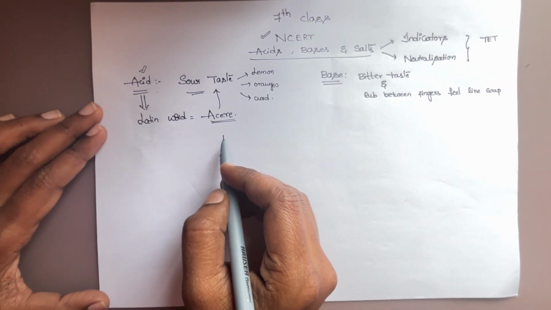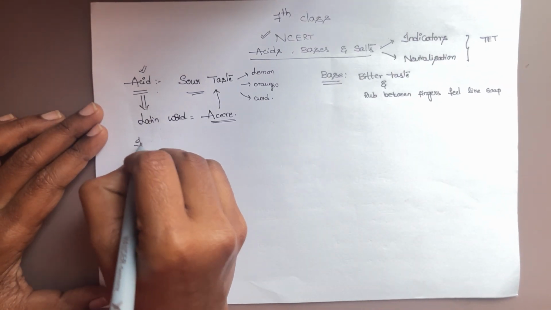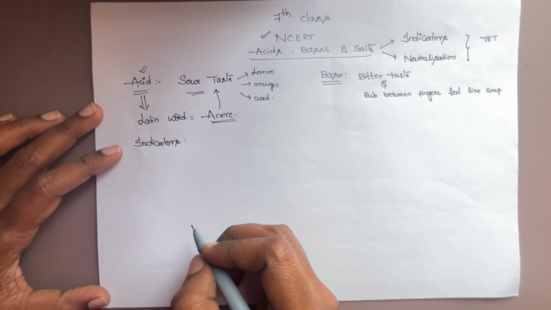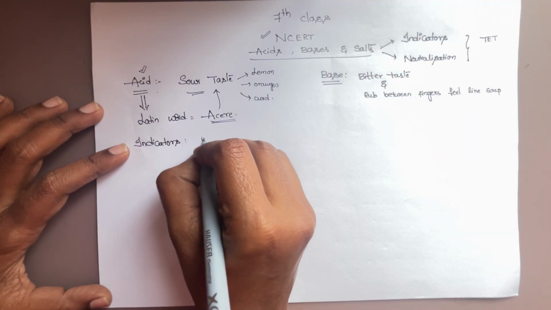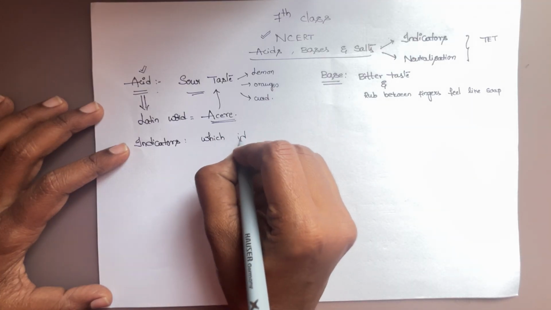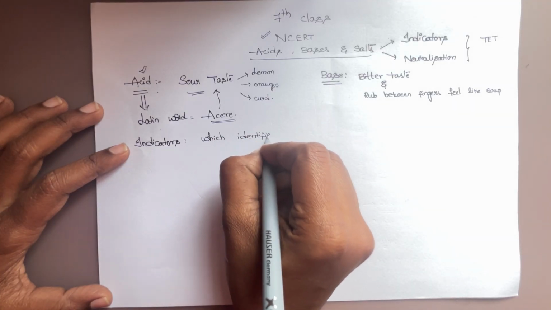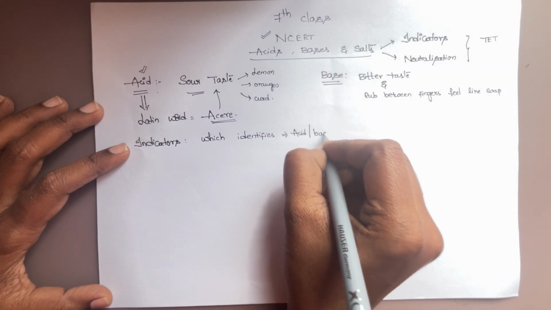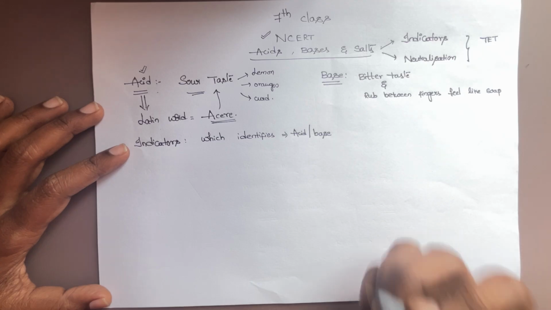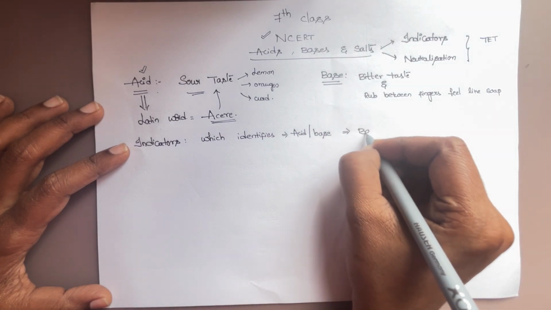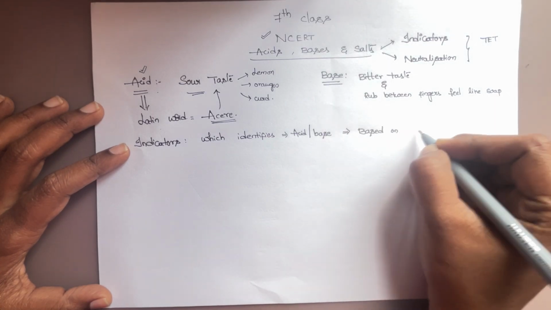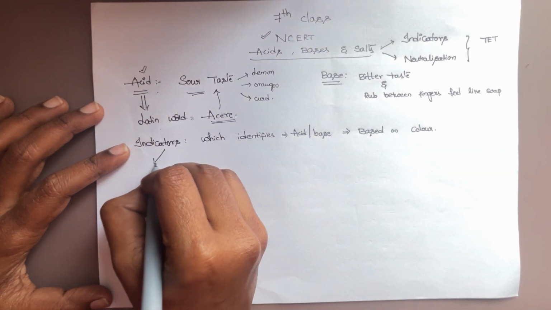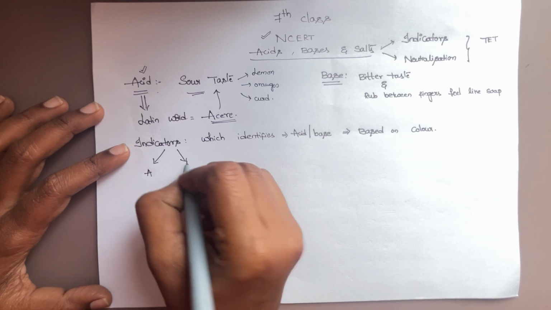For this purpose, we have a special type of substances called indicators. An indicator is any substance which identifies whether a substance is an acid or a base, based on color. The indicator will give one color for acids and a different color for bases.